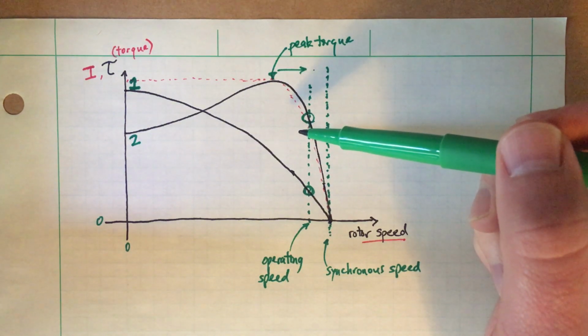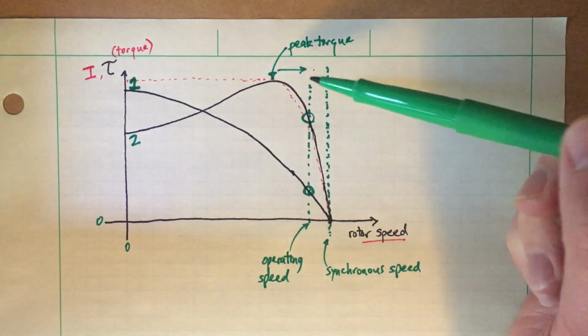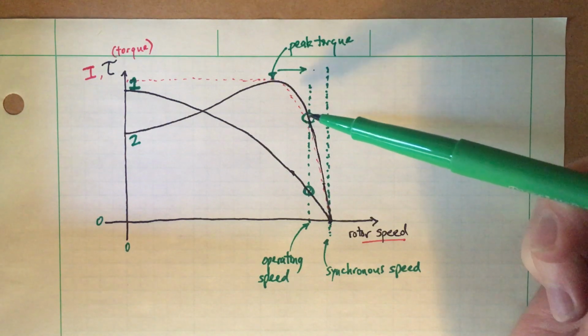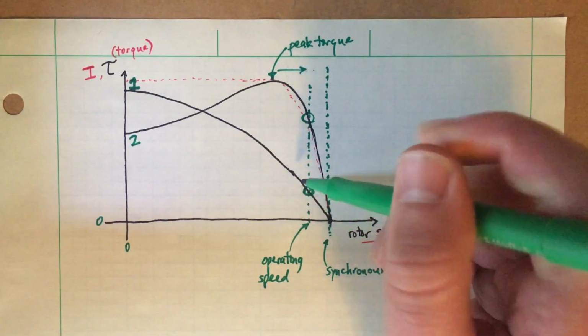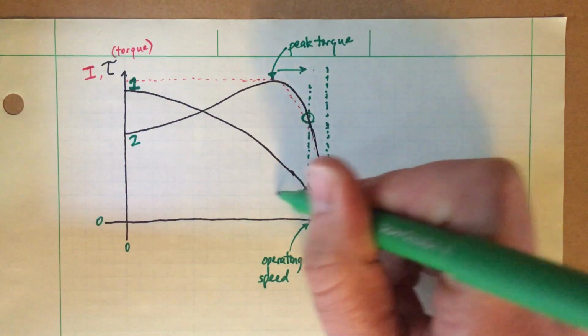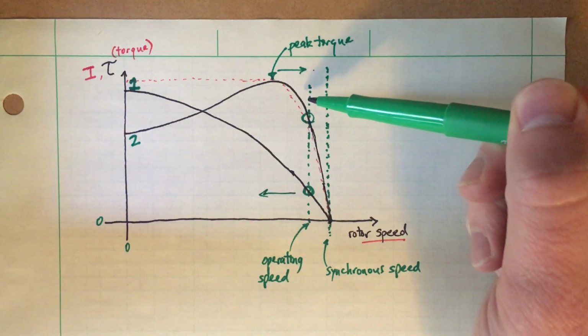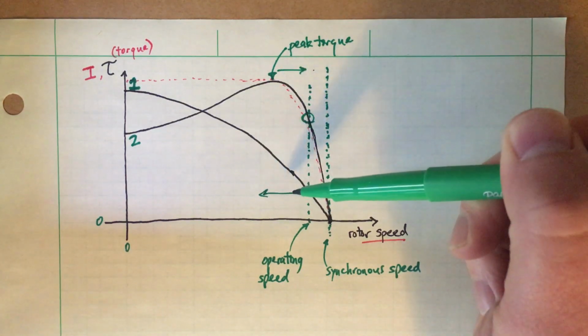Or maybe if you're driving a propeller, it gets fouled with seaweed, and suddenly there's a lot more resisting torque than there used to be. So what you'd like from your motor is for it, when you drive its operating speed this way, okay, well then you'd like the torque developed by the motor to increase.